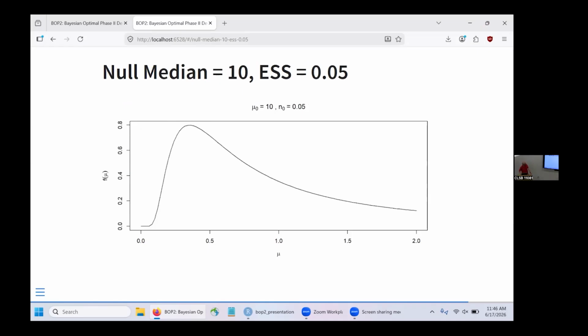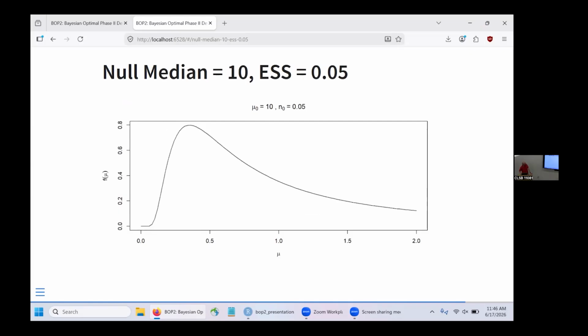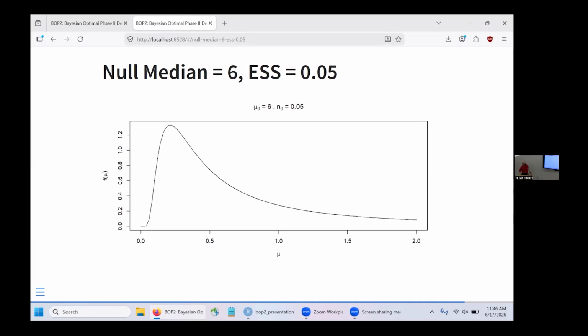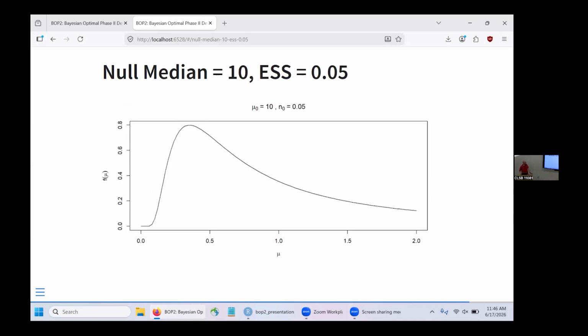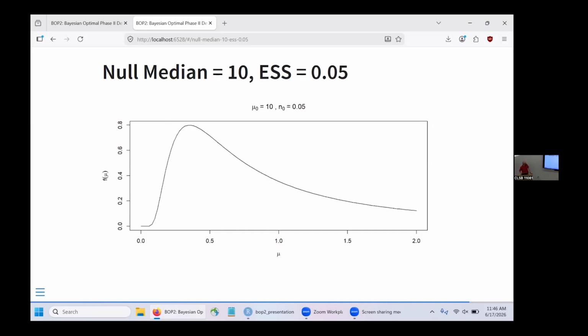So what I'm going to do is keep the effective sample size at 0.05 and increase the median to 10. So it's shifting the weight of the distribution to the right. That makes sense. We're moving the median to the right. And the y-axis is getting lower. So we're flattening out the distribution by increasing the median.